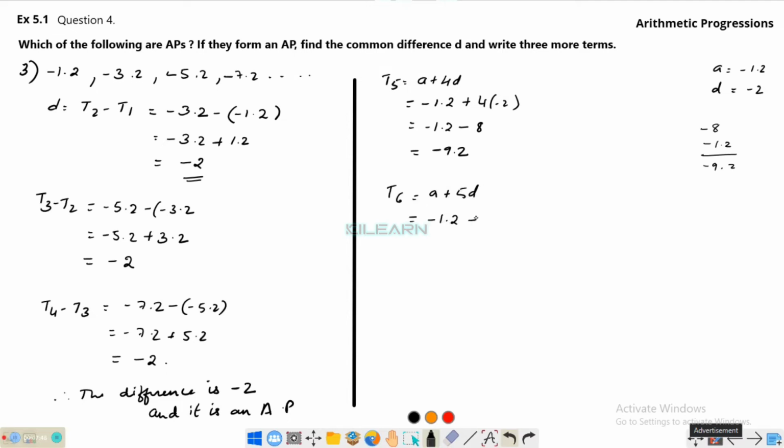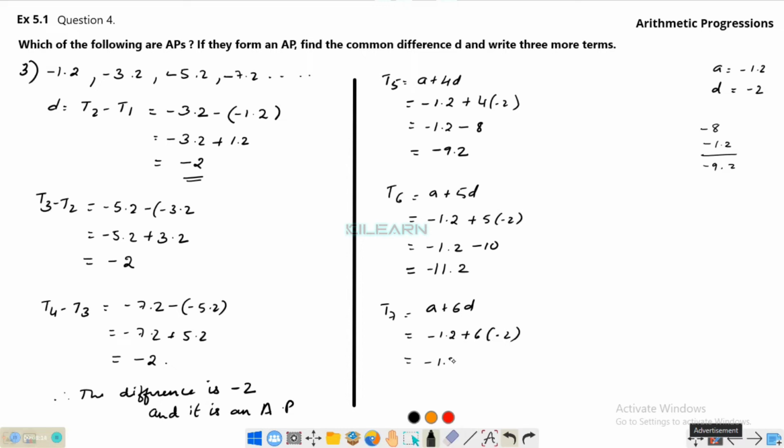So T6 is equal to A plus 5D. Minus 1.2 plus 5 into minus 2, plus into minus is minus, 5 twos are 10. So we can easily say that is minus 11.2. T7 is equal to A plus 6D, which gives us minus 1.2 plus 6 into minus 2.